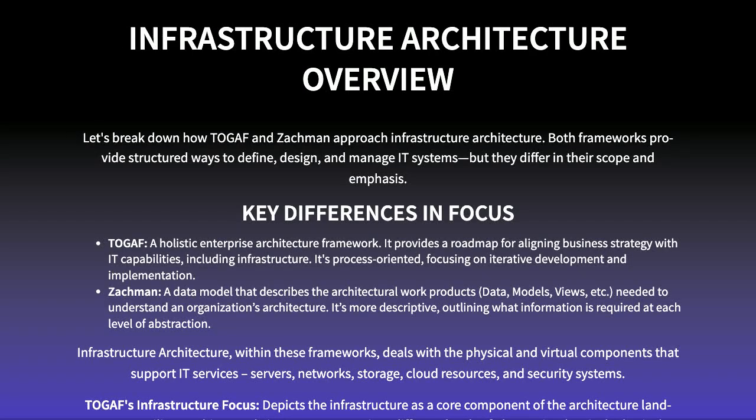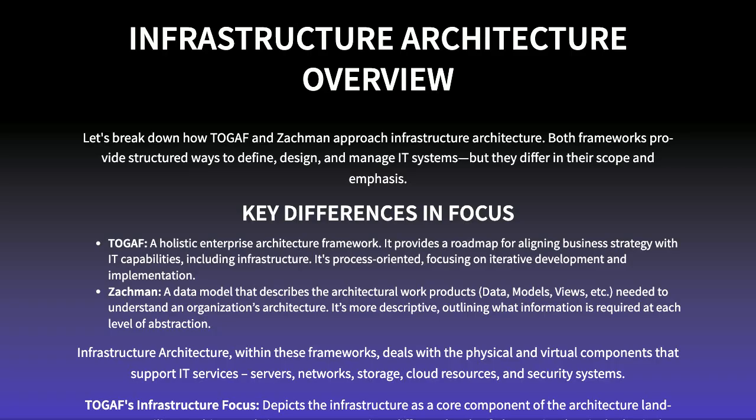Okay, let's talk about how we think about infrastructure within these architecture models. Both TOGAF and Zachman provide a way to organize our IT systems, but they look at it from slightly different angles. TOGAF is like a whole picture roadmap. It's all about aligning your business goals with how your technology supports them. It's a process for building an architecture step by step. Zachman, on the other hand, is more of a detailed blueprint.